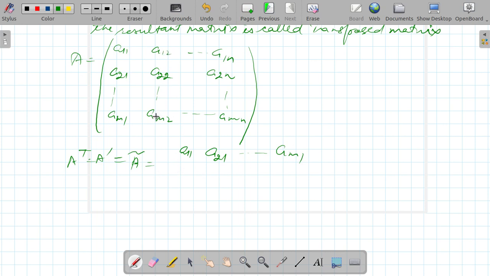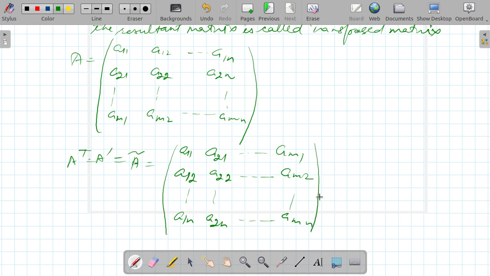Now this is the second row: A12, A22 and so on, AM2. And the last row is A1n, A2n and so on, AMN. So this is the way it can be written.